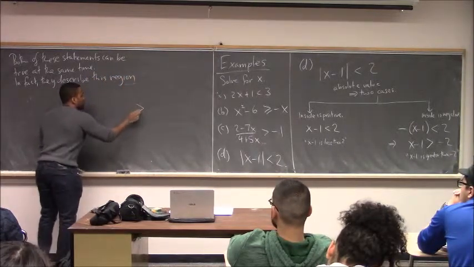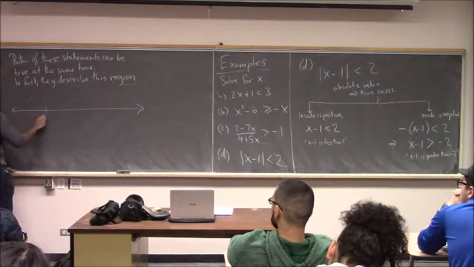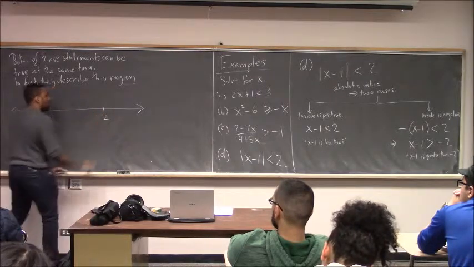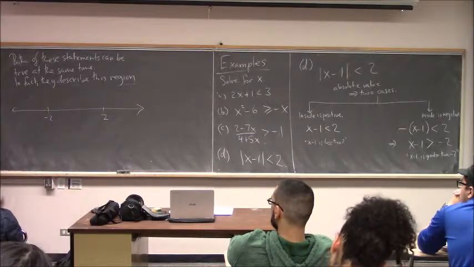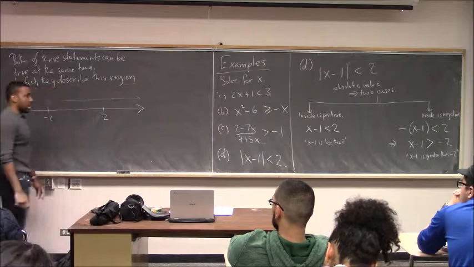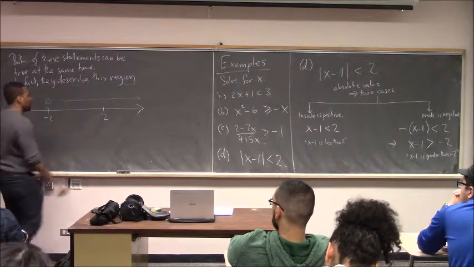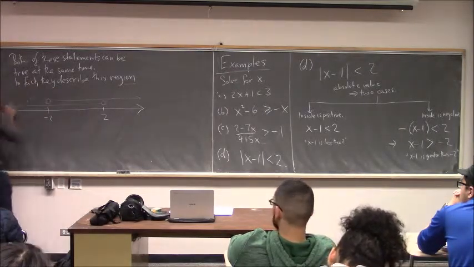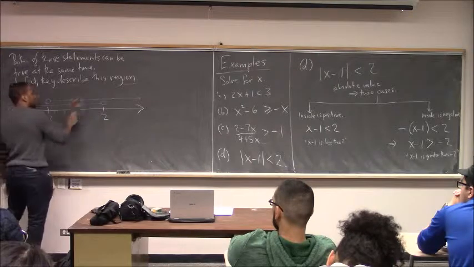If you look on the number line, if you're talking about things that are greater than minus 2, it's guys from here to there. Talk about guys that are less than 2, be here to there. Notice that the overlap is in the middle region.